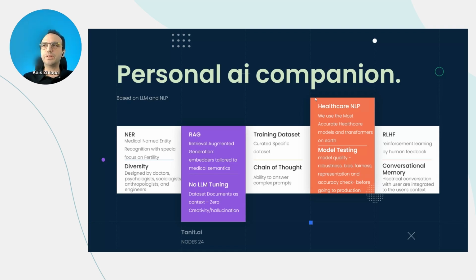It started providing some interesting results, but it wasn't quite accurate. There was something missing, especially in filling this gap between vectors and math, I would say, and the explainability of the medical knowledge and the medical sense of the semantics.